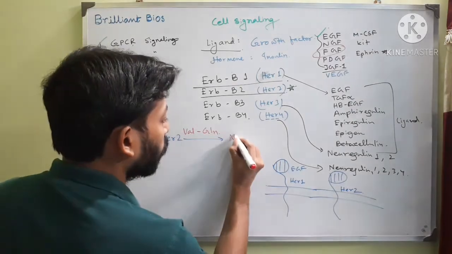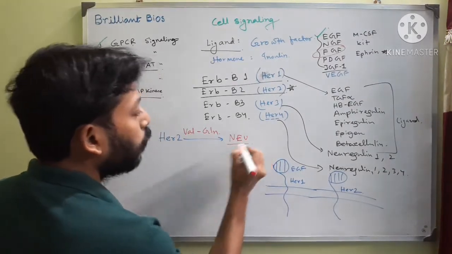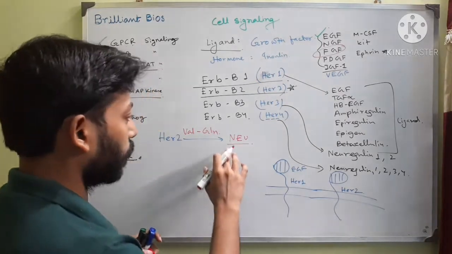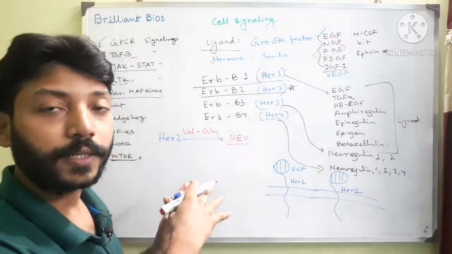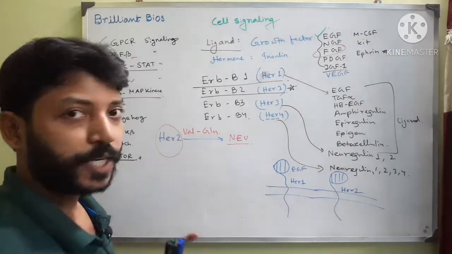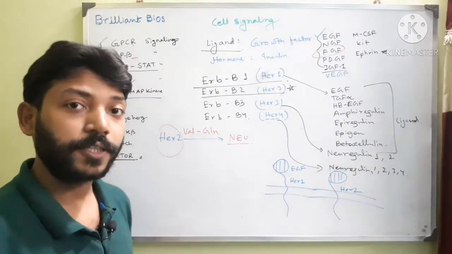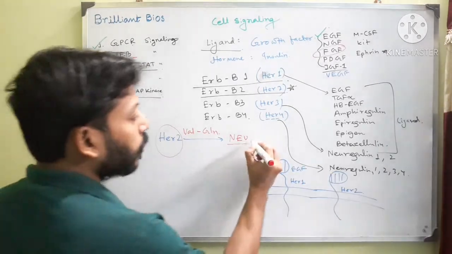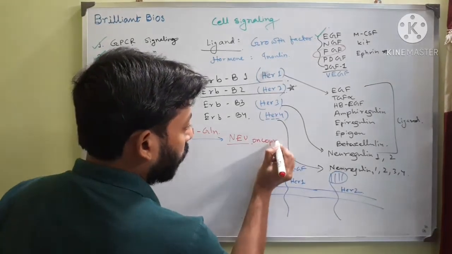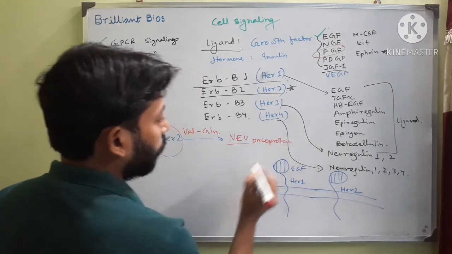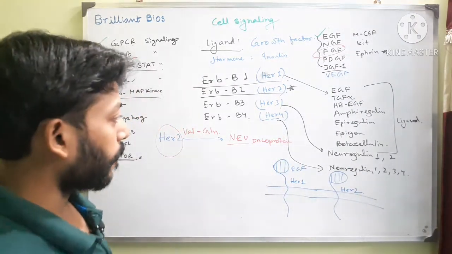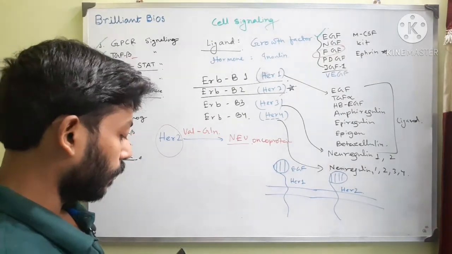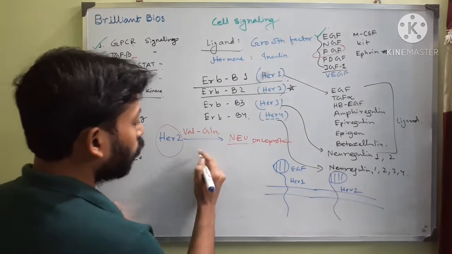This is called the neu protein, neu meaning neuroblastoma, a kind of tumor. Scientists found it in neuroblastoma, but HER2 overexpression or constitutively activated HER2 is also present in breast cancer. This neu protein is called an oncoprotein because it promotes cancer. And there are two medicines that target this neu oncoprotein, one is called trastuzumab.